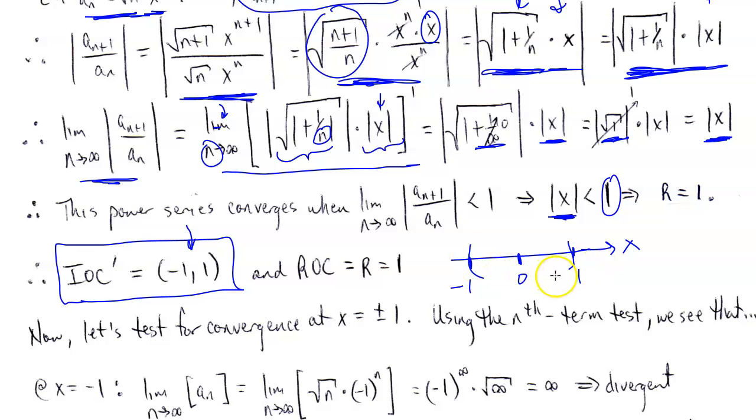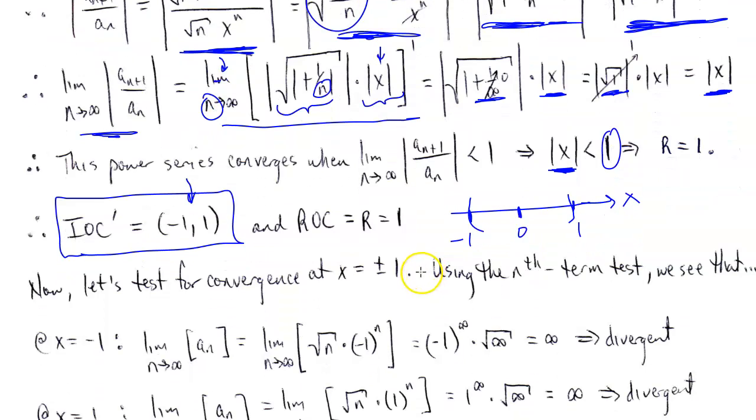Okay, so what we need to do now, now that we know what the ROC is and what our IOC prime is, we need to test at -1 and at 1 to see if the corresponding infinite series that comes out as a result of plugging in those numbers will actually end up converging or not.